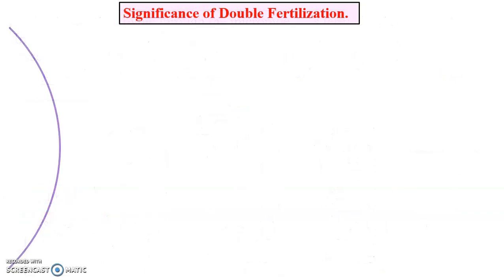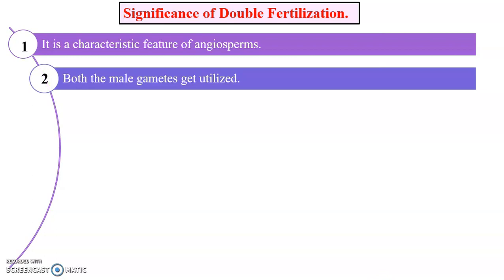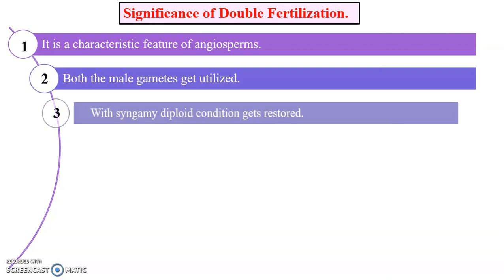Let us see the significance of double fertilization. It is a characteristic feature of angiosperms. Hence, we can identify angiospermic plants using this feature. Both male gametes get utilized in this process. With syngamy, the diploid condition gets restored and the sporophytic generation begins.